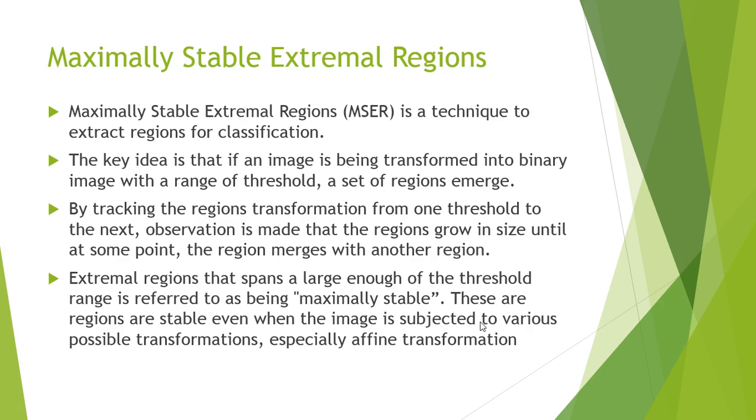By tracking the regions' transformation from one threshold to the next, observation is made that the regions grow in size until at some point they merge with another region. The region before the merging is called an extremal region, and an extremal region that spans a large enough part of the threshold range is referred to as maximally stable. These are the regions that are stable even when the image is subjected to various possible transformations, especially affine transformations.